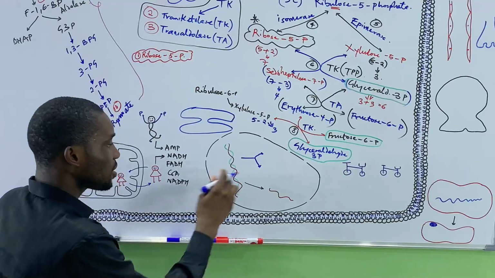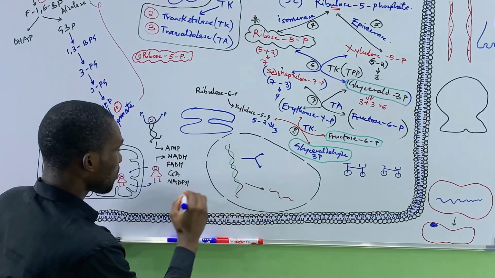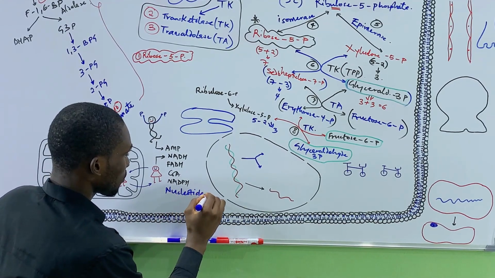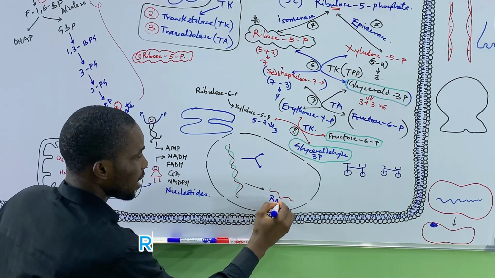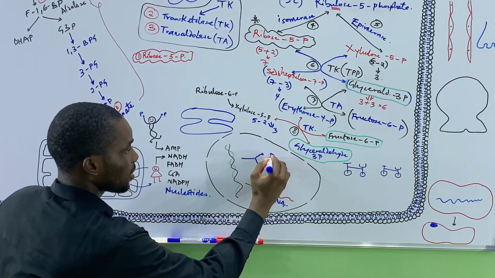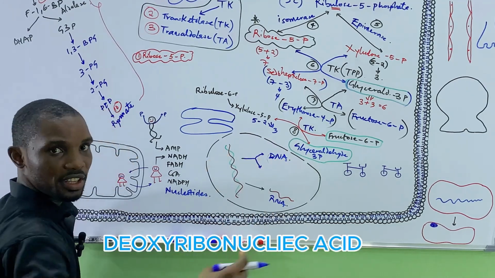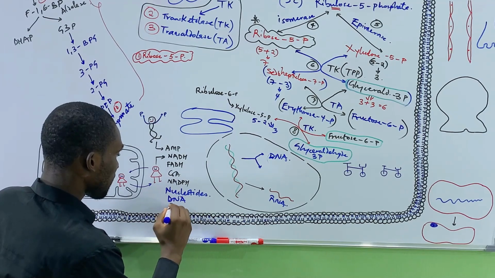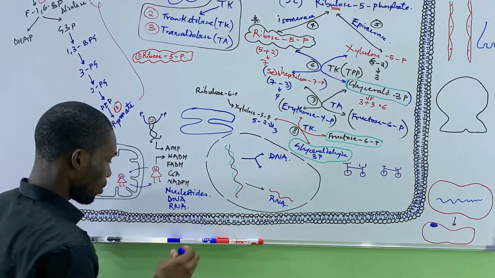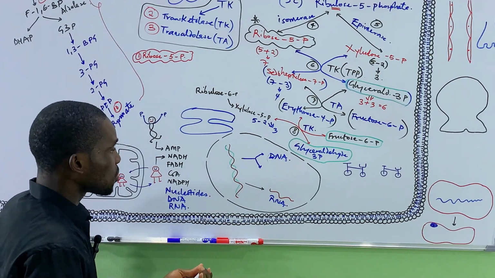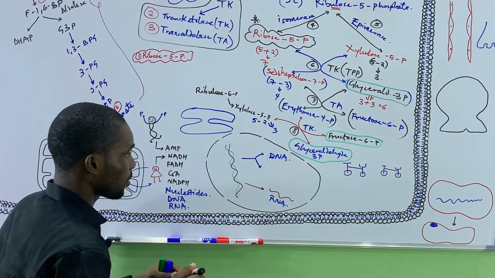Okay? Now, this ribose 5-phosphate can also be used to form what? Nucleotides. Also, you can use it to form what? RNA. You can use it to form what? DNA. The synthesis of RNA and DNA requires ribose 5-phosphate. Remember that if a cell is actively proliferating, it undergoes what? Replication, right?